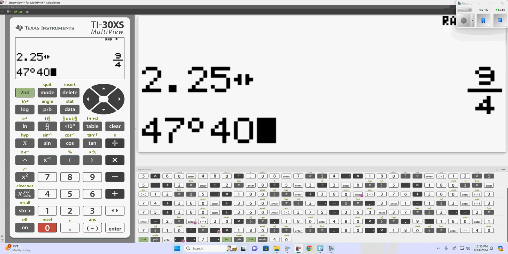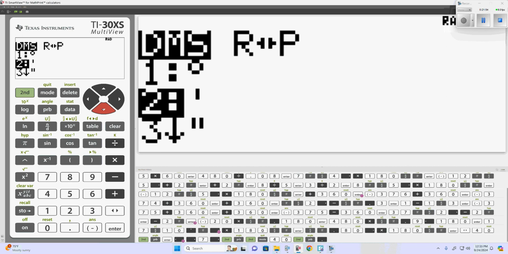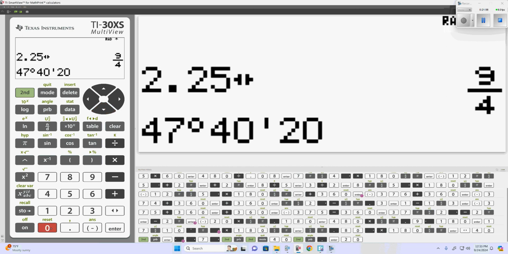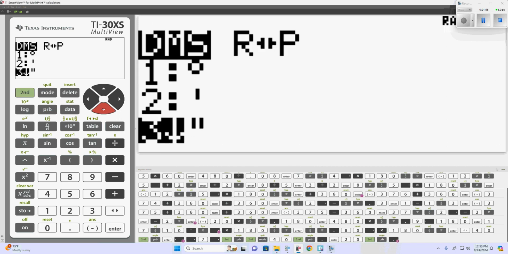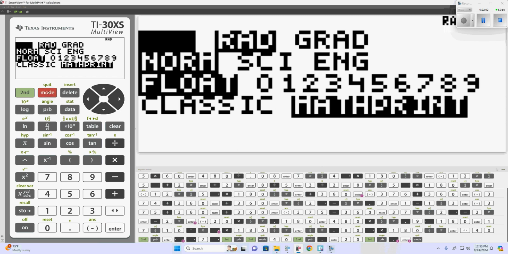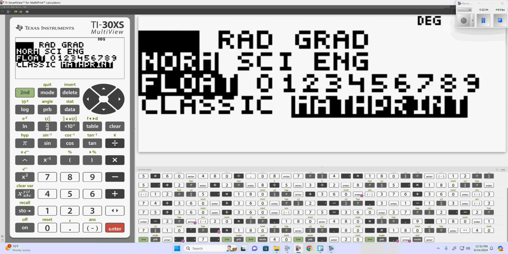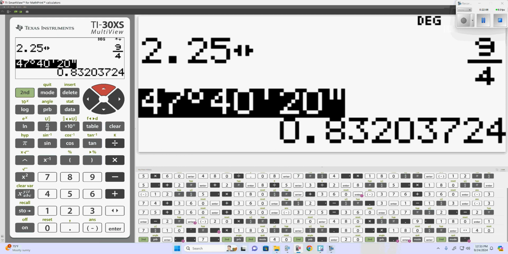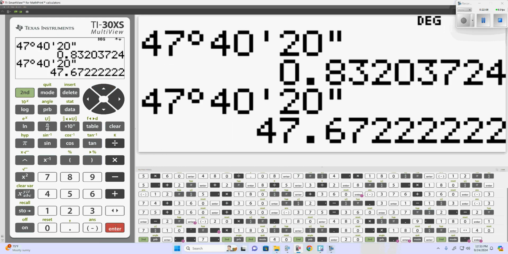I got to do the number first. 40 minutes, 20 seconds. And yes, this here, yep, will have to be in degrees. Yep. So the 30XS will do it. It's second angle, second probability, PRB, will also do it.